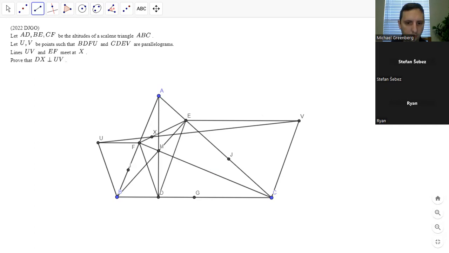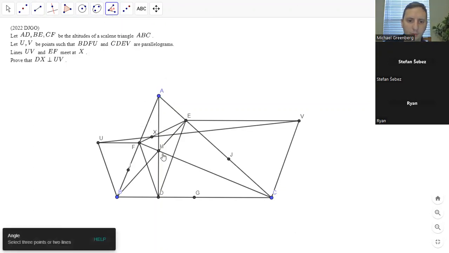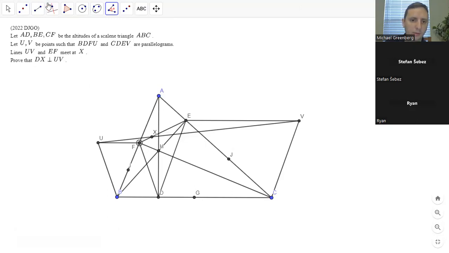How should I do this? Looks like, I wonder if FXU is similar to EVX. I'm not positive on that, but that would be the same as saying that EB and UF are parallel. Let's check that.